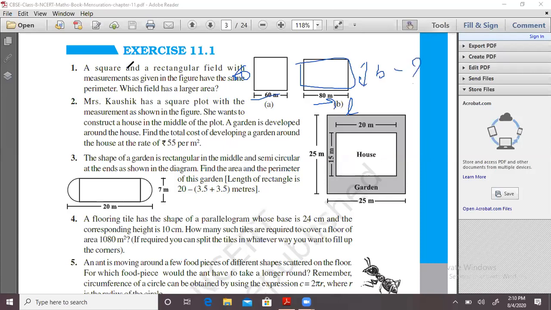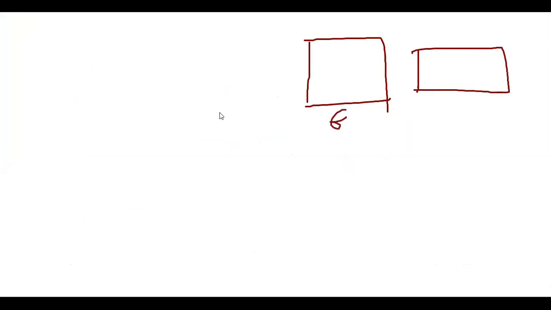So here, first of all, you will find out breadth by given condition. What we have given here in this question: a square and a rectangle. Side of square is 60 centimeter. Length of rectangle is 80 centimeter, and both of the perimeter is same. So first of all, we will find out perimeter of square.